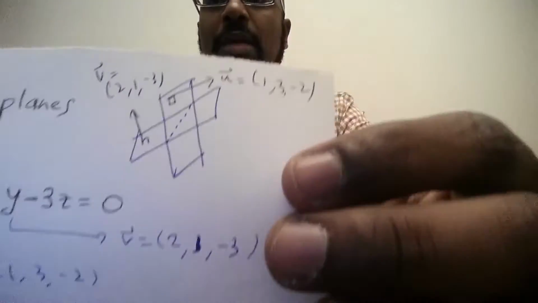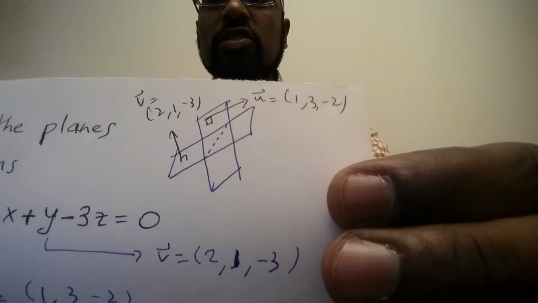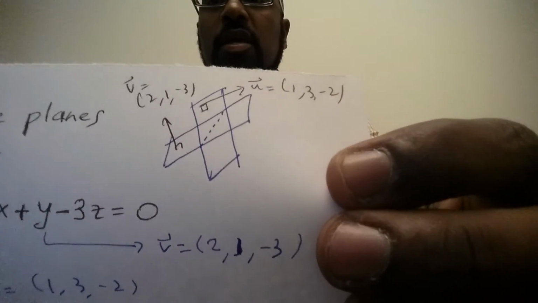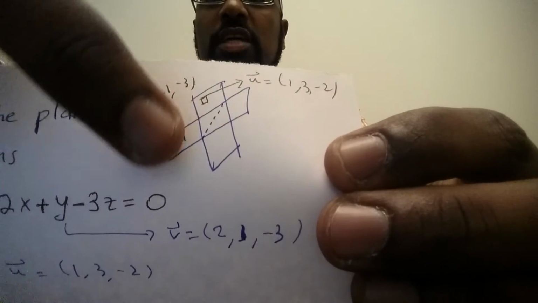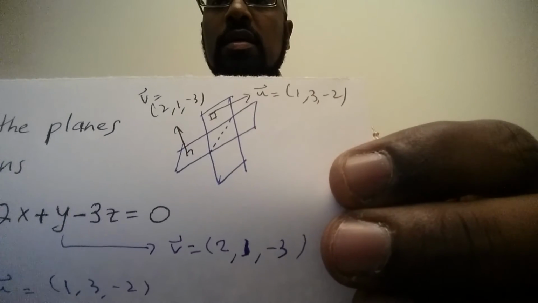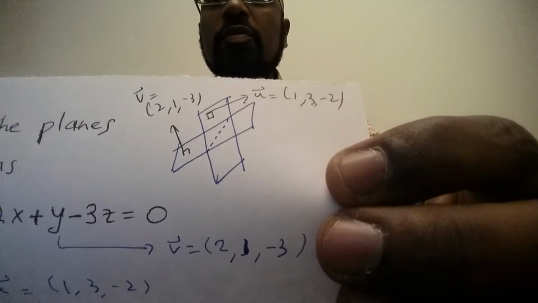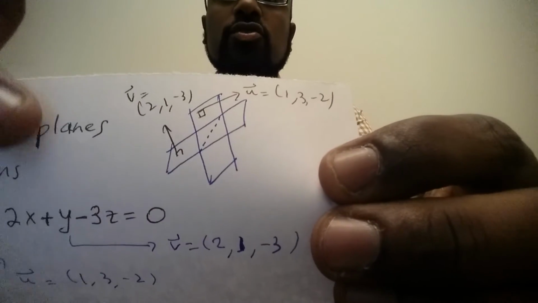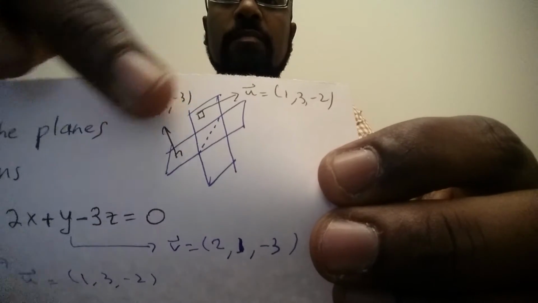So now we have this diagram where we have these two planes and we have these two vectors that we know are perpendicular. So then notice that the line of intersection, this dotted line, is a line that's perpendicular to both these vectors drawn in here, u and v.